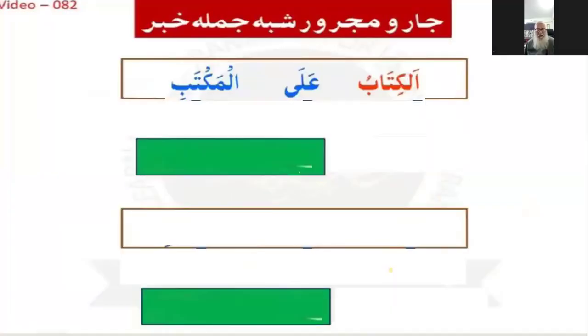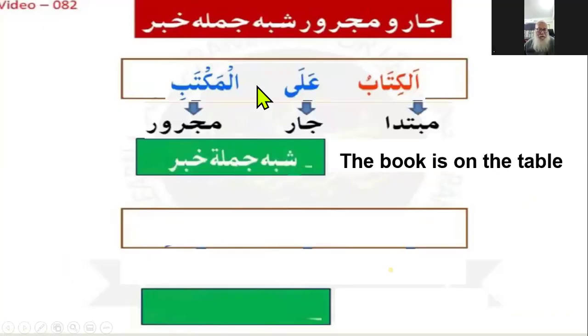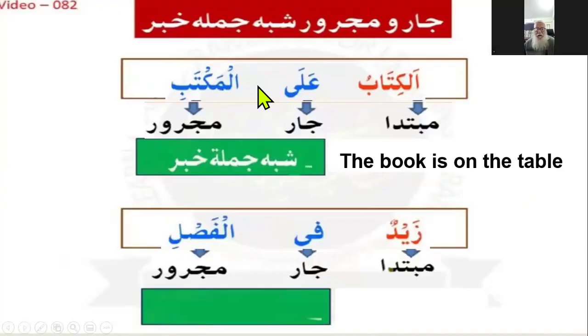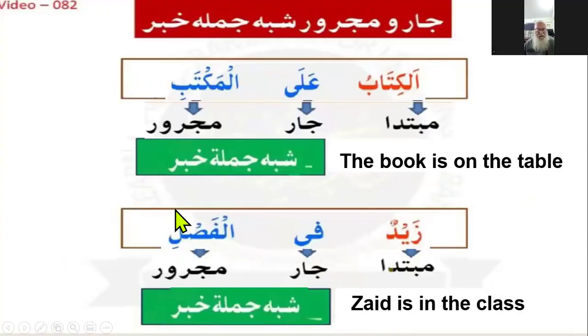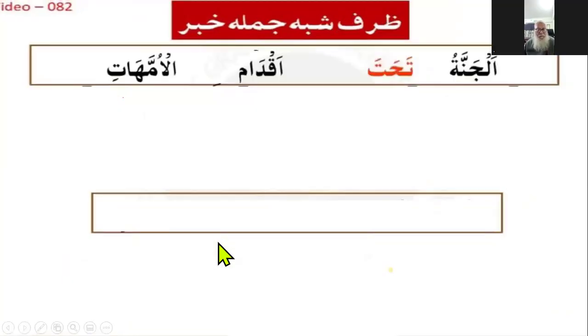Look the example. Al-kitabu alal maktabi. Al-kitabu mubtada. Alal maktabi jar majrur shibe jumla khabar. Zaidun fil fasli. Zaidun mubtada. Fil fasli jar majrur shibe jumla khabar. Al-jannatu tahta aqdamil ummahat. Al-jannatu mubtada. Tahta zarf.